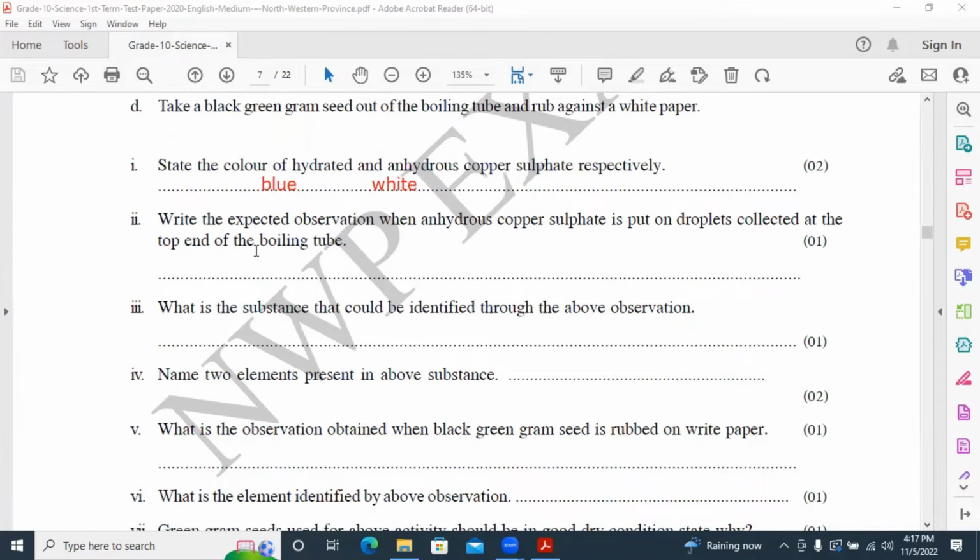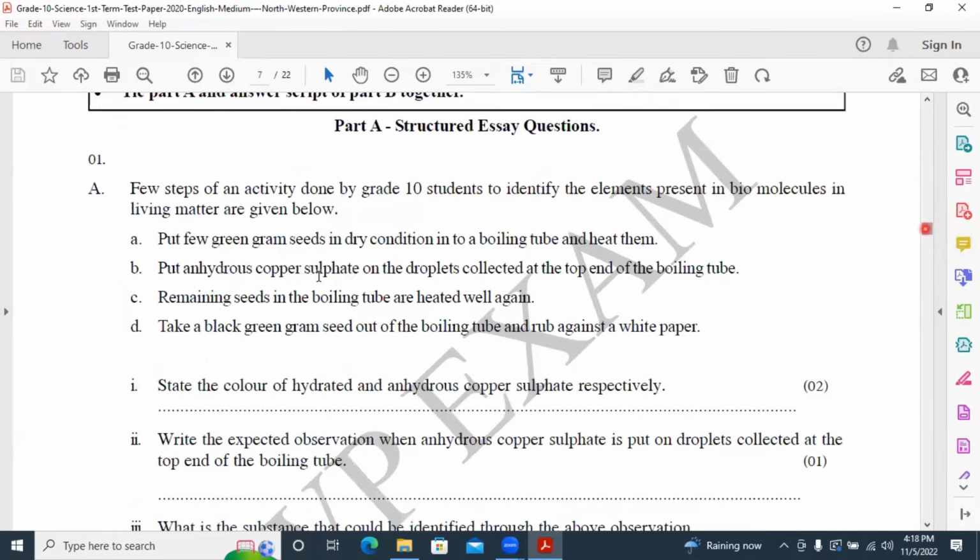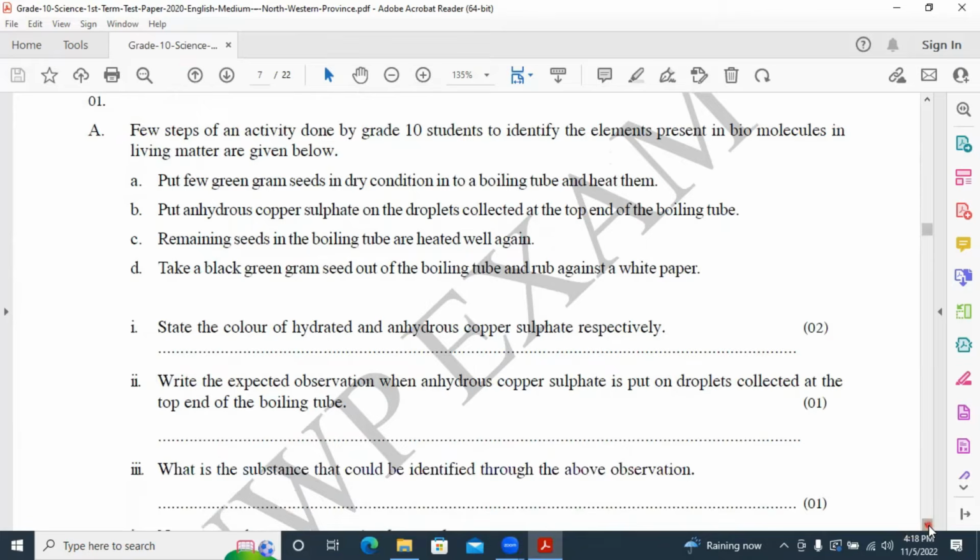Write the expected observation when anhydrous copper sulfate is put on droplets collected at the top end of the boiling tube. Here we collect the droplets from the top end of the boiling tube and observe them with the anhydrous copper sulfate.